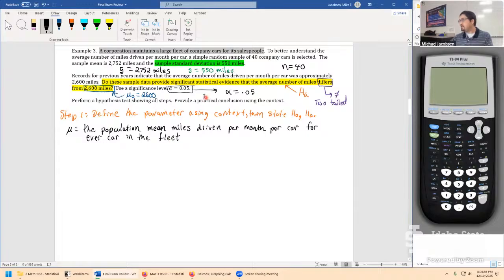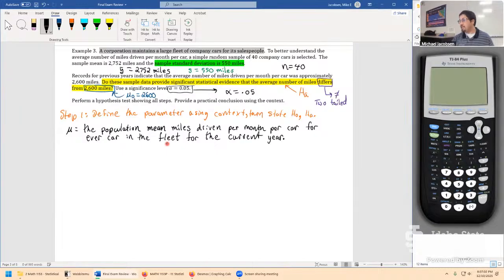And, well, there's one more element to this because they told us previous years had the average of 2,600 across all 12 months per month per car. And so this was, well, the current year. So we can say in the current year or for the current year.